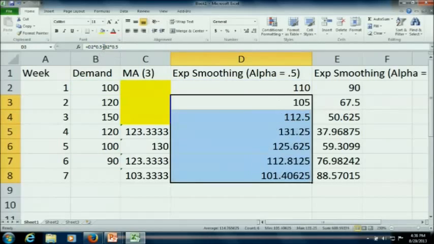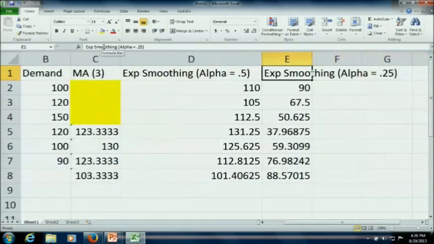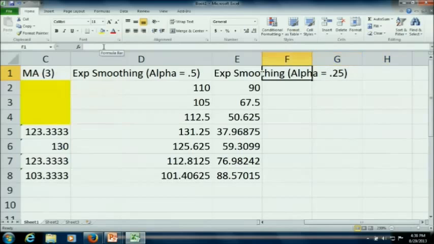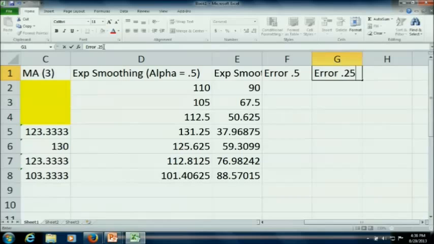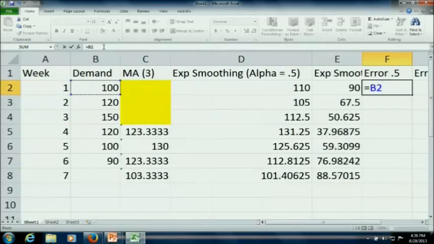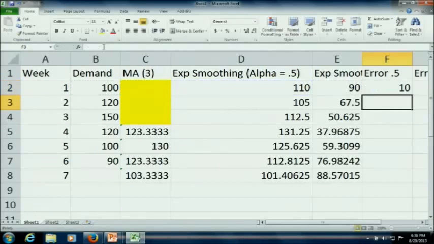Now I can ask the question, which one of these is better, to have the smoothing constant of 0.5 or 0.25? And to do that, I would need to compute the error of both. So error 0.5, error 0.25, right? And what is the error? Well, the error is just the difference between the forecast and the actual.